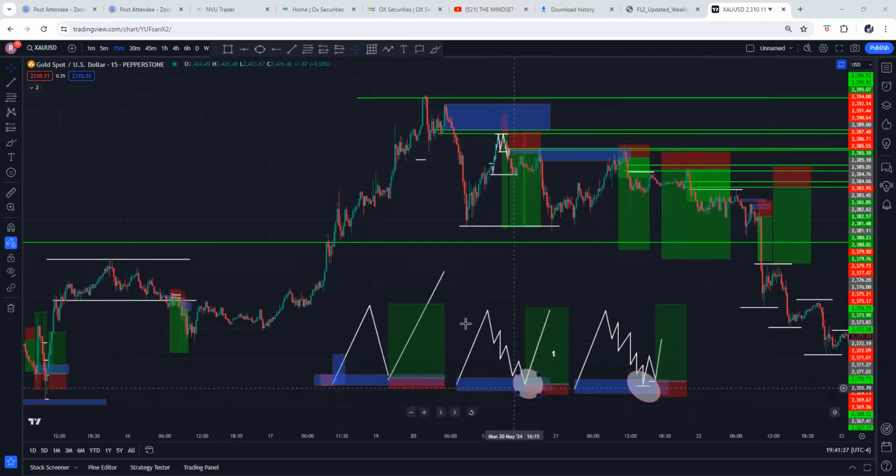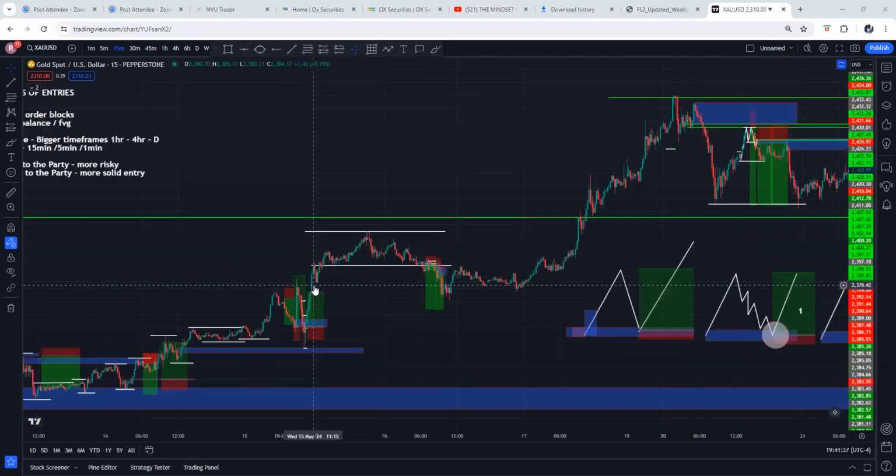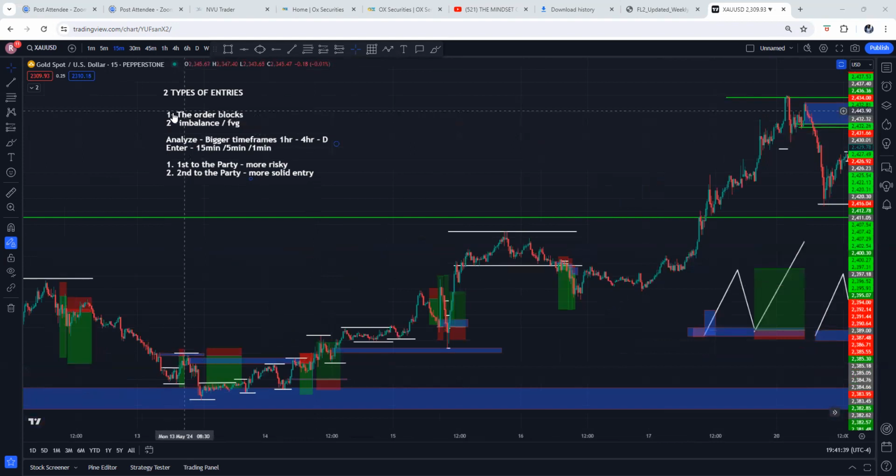This is what your entry model 1 will look like, where we're entering from our order block, and this is the entry type 1 as well. Let me just put it here so that we differentiate it clearly.